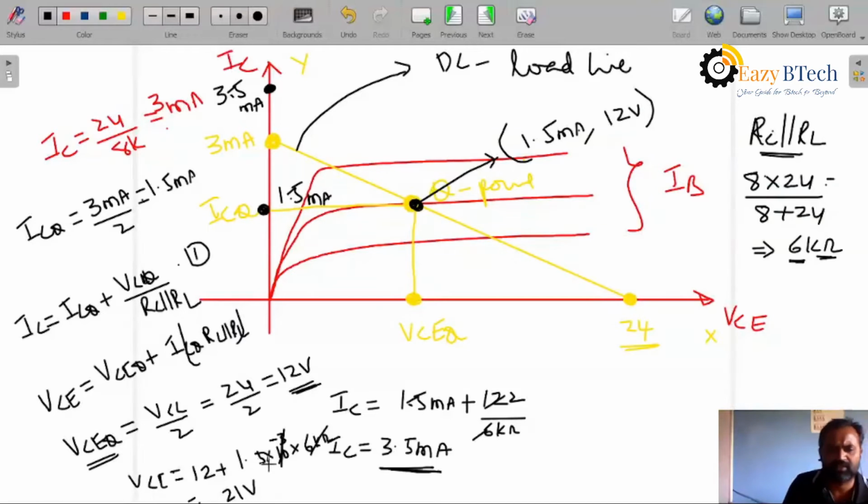Okay, now it is 1.5 into 6. 1.5 into 6, 6 fives are 30, you will get 9 volts. 9 plus 12 is 21 volts. Now it will be at this point. It is 24, it is 21.